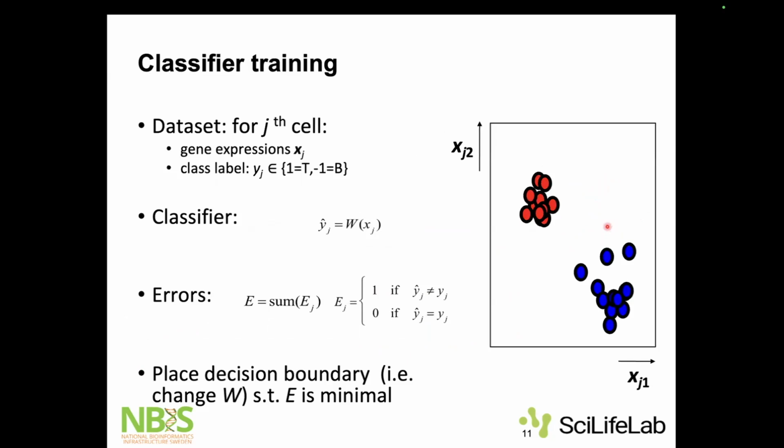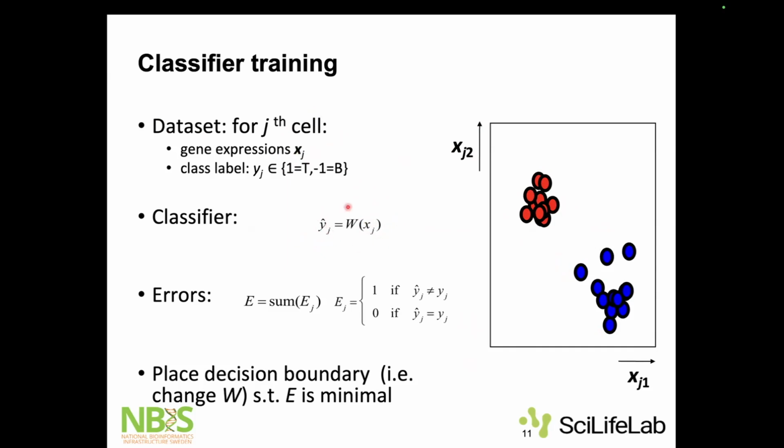So now the question is how we can train these classifiers. Imagine that we have just two-dimensional data here. We have blue and red populations of data points. For each cell in the data set, we have the gene expression X_j, and we also know the label. We know it's red or it's blue. A classifier is simply a function that gets an expression profile and predicts the label for it.